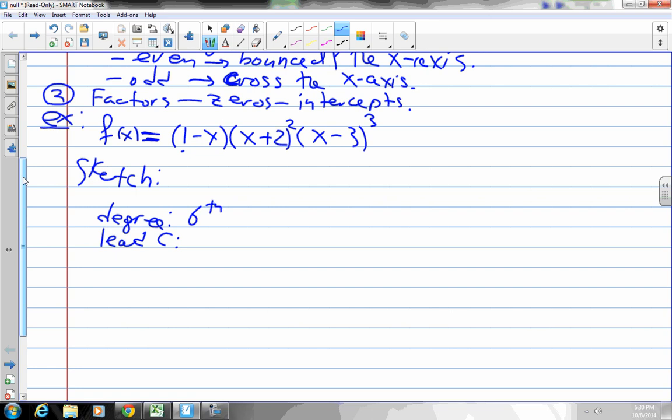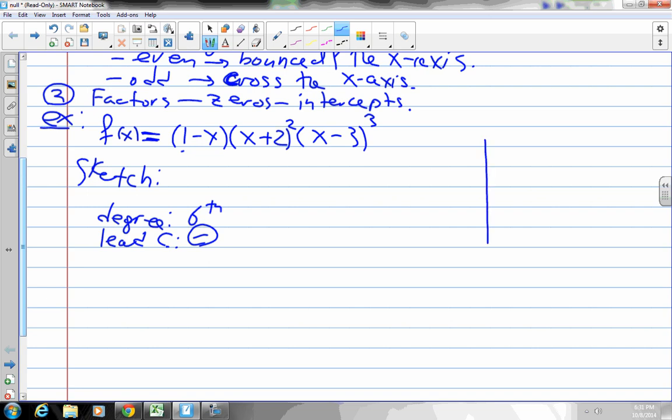The first parenthesis has negative x. If I square this, that gives me an x squared, and that gives me an x cubed. But then I multiply by negative x, so that gives me a negative x to the 6th power. So the leading coefficient is negative.